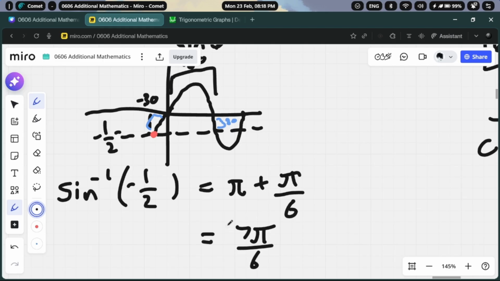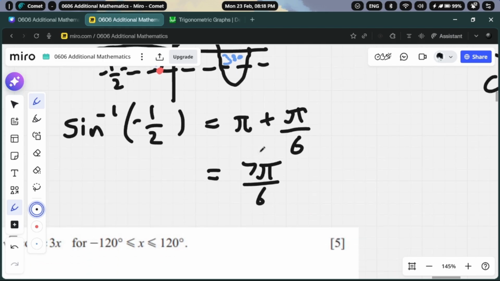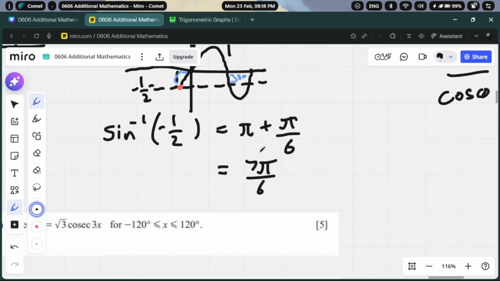And you can always input that to confirm that it's valid, which it is. So that's your first value.